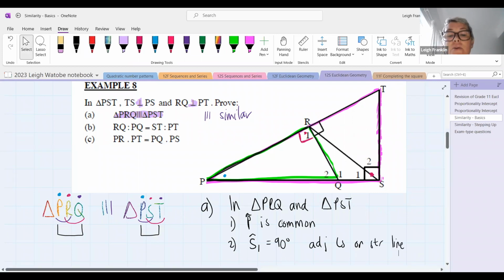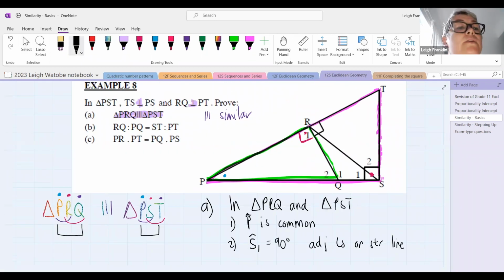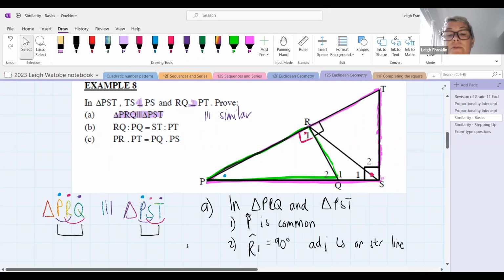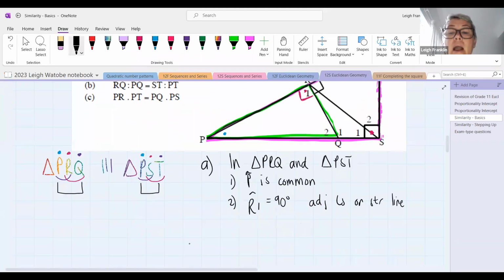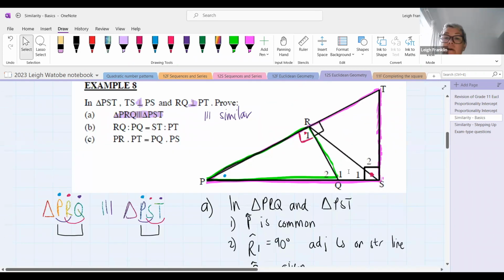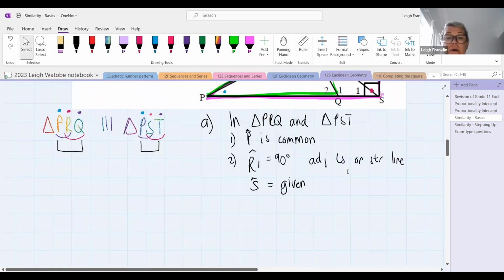Sorry, why did I write S1? I meant to write R1, beg your pardon. R1 is 90 because of adjacent angles on a straight line. Angle S equals 90. This was given to me in the information. They told me that TS and PS are perpendicular.